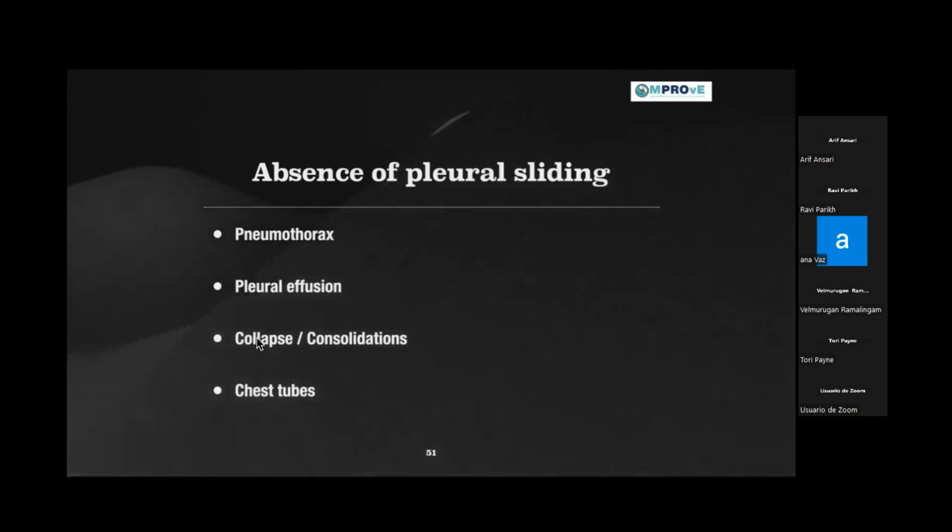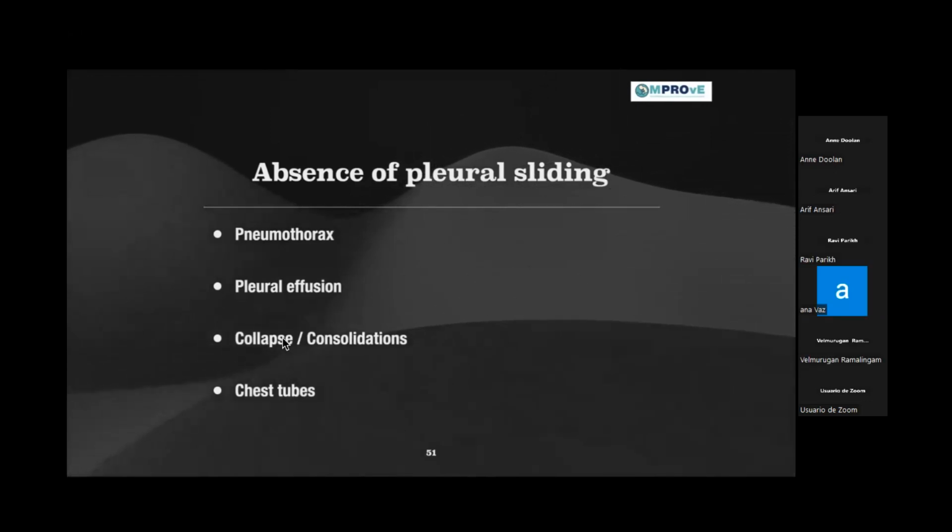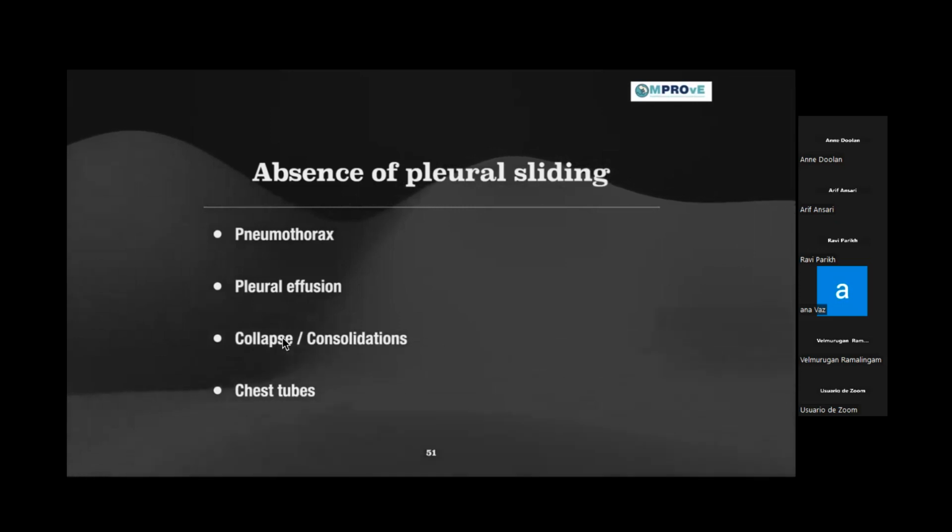On chest X-ray, you will see collapse, or you might see consolidation if it is an infectious case. But sticking to collapse or atelectasis, you can do a lung ultrasound and you can see the rest of the lungs look fine, but in one particular zone there is absence of pleural sliding. I don't see A lines there. I can see some bronchograms coming in the picture. So we can conclude that, okay, there is a collapse going on there.